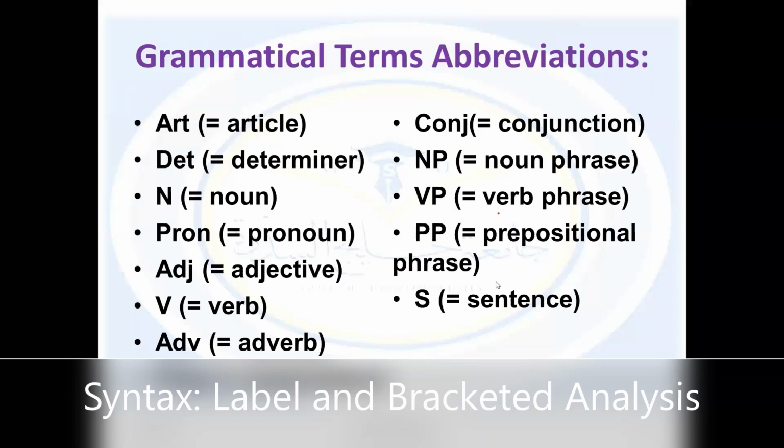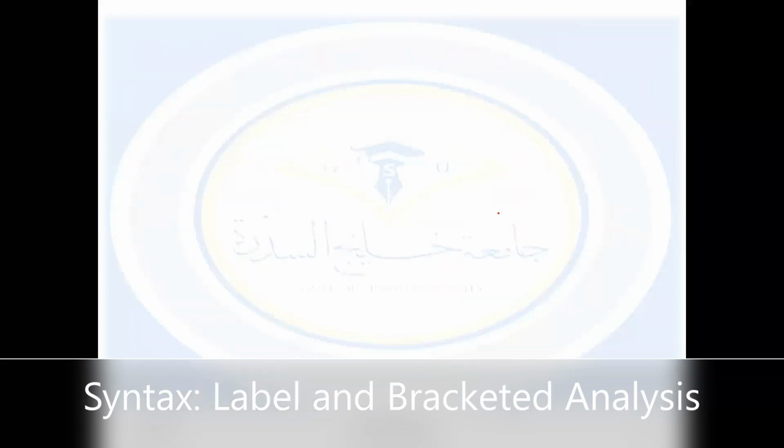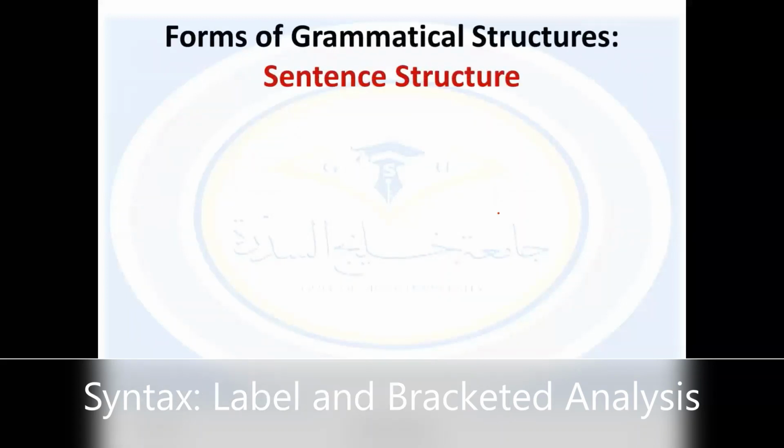Okay, so these are the labels that are used. We need to know them before using them in brackets. Now we should think of the forms of grammatical structures. The first form that we will cover is sentence structure.